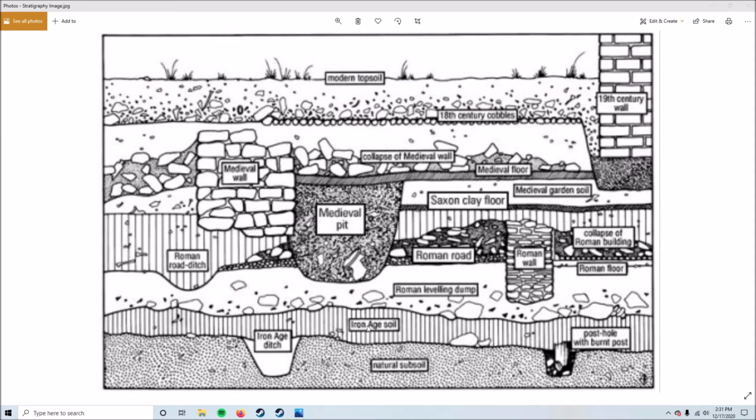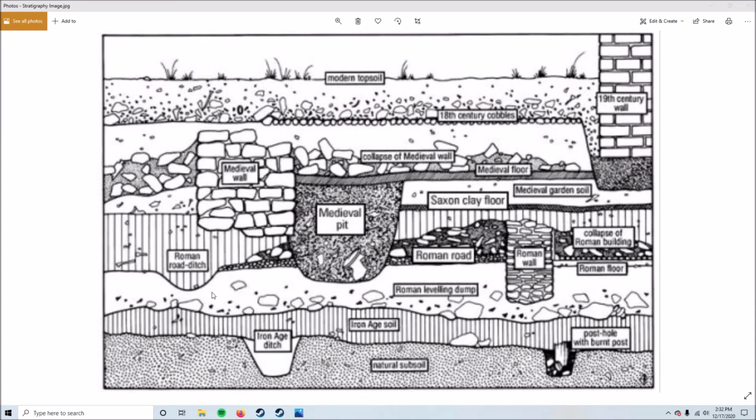Now above it is a Roman leveling dump. They would have done the same thing. The Roman period is from 500 BCE to 300 CE.